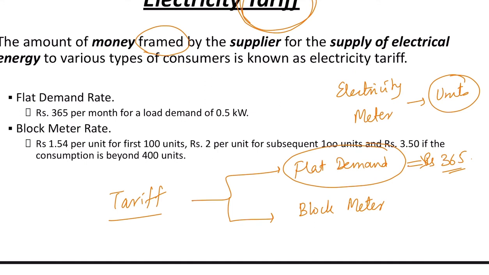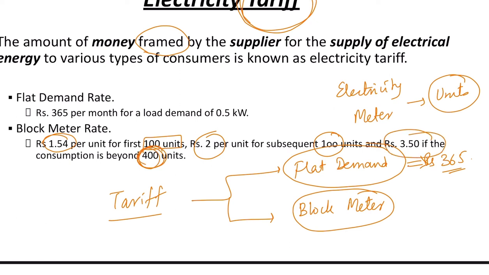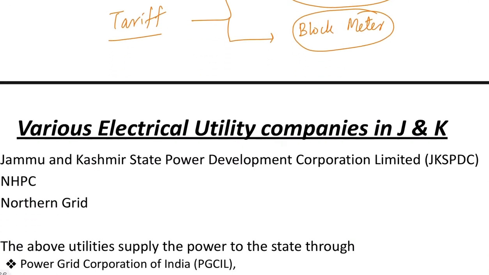This is flat. And in block meter, for the first 100 units you are charged 1.54 rupees. For the next 100 units you are charged 2 rupees per unit, and if you exceed 400 units, then it is 3.50 for the still higher units.